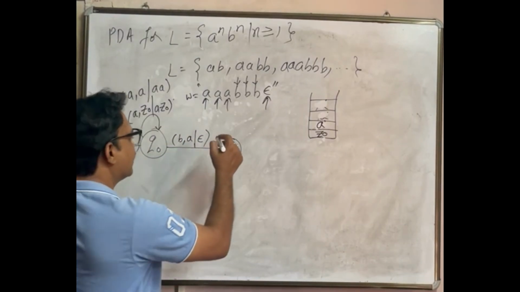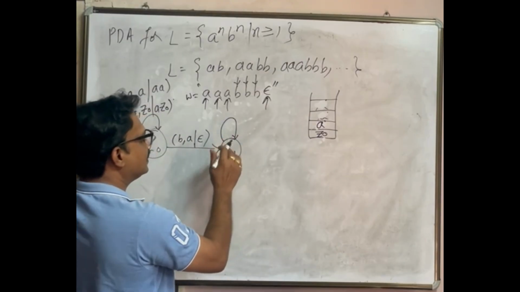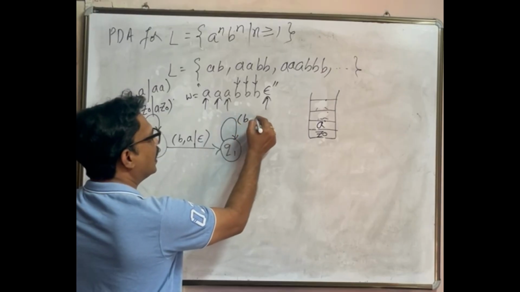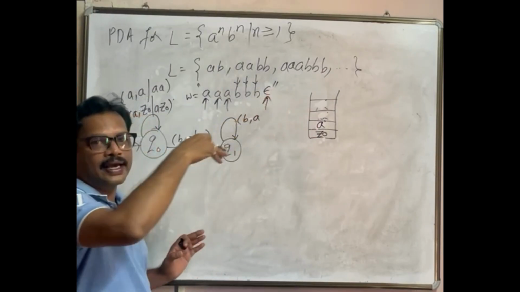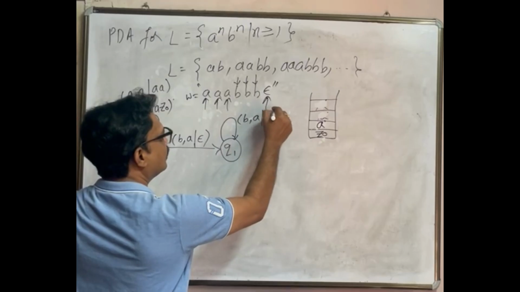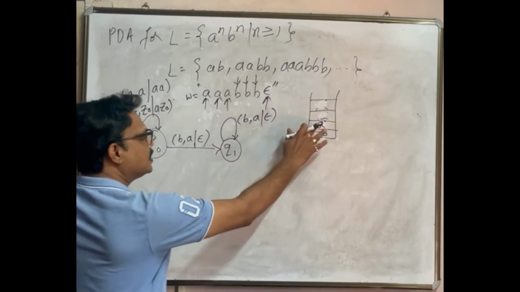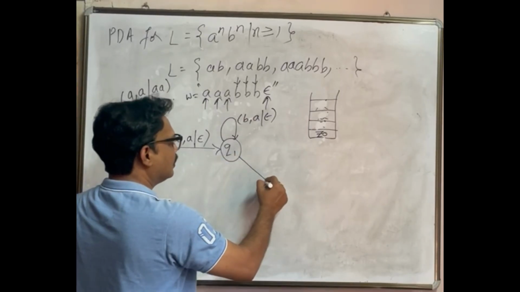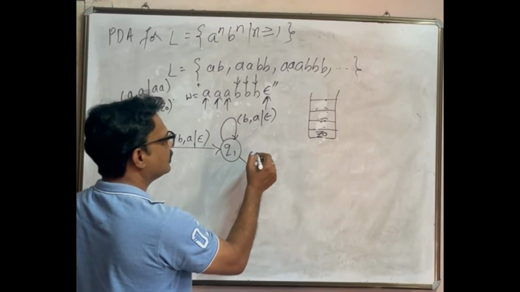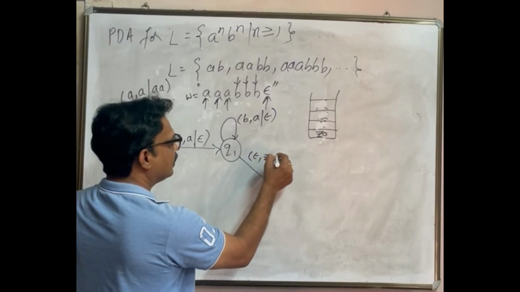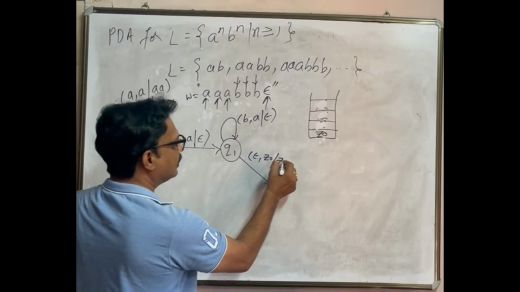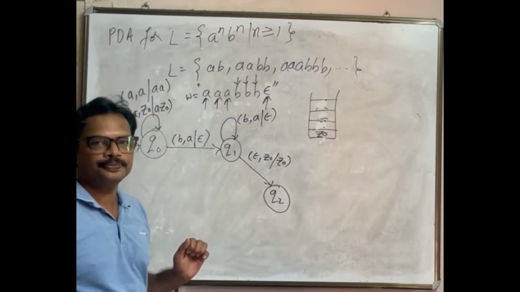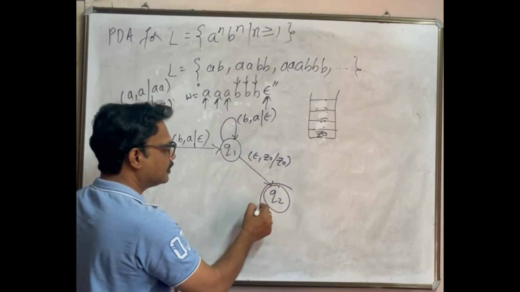Next, it stays in state Q1 and reads the rest of the B's, and it pops whatever A's it has in the stack in a loop. Once all the symbols have been popped from the stack, it encounters an epsilon. On the top of the stack there will be Z0, and it leaves that Z0 as it is, and moves to Q2, where Q2 is the final state.